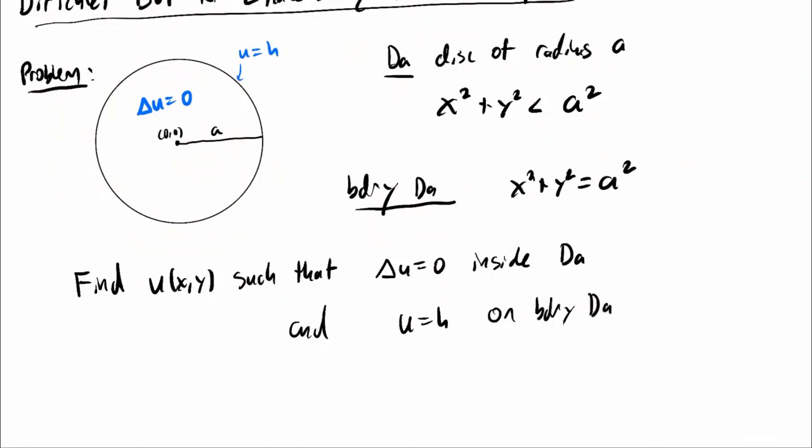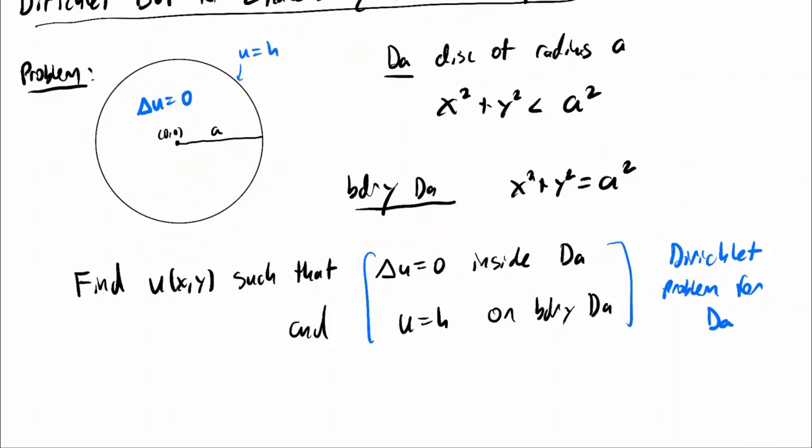Okay. And so this is what's known as the Dirichlet problem for the disk D_A.